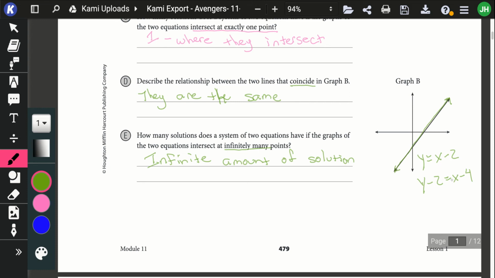In this case, the slope is x, right? Same slope, same intercept means same line.